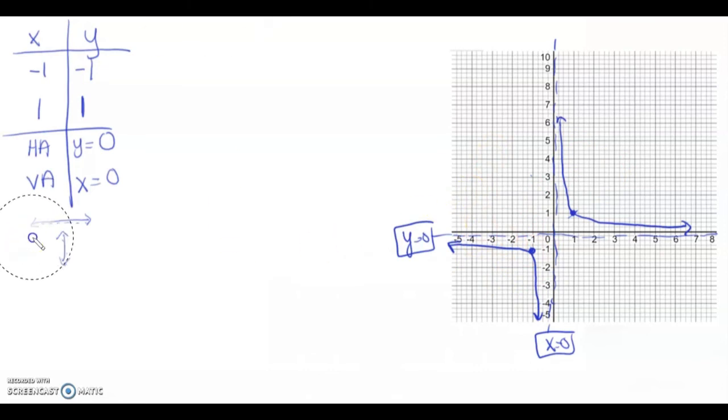So when we're talking about the domain and range, our x and y are going to hit every single number except for the asymptotes. So, for example, if we're looking at the x values here, we're going to hit every number except for 0.